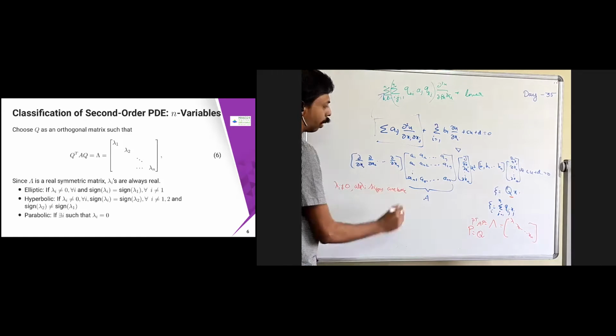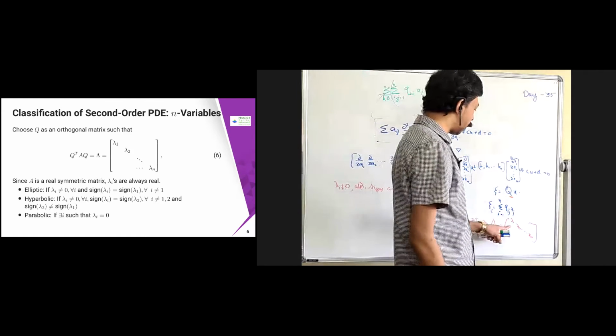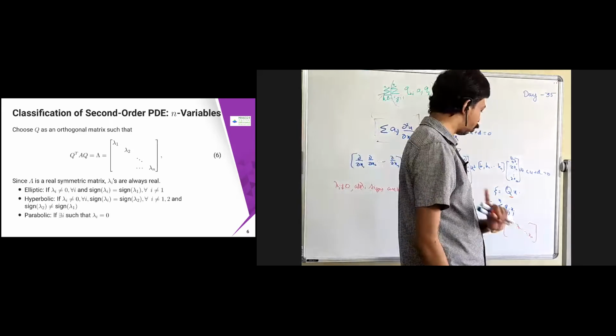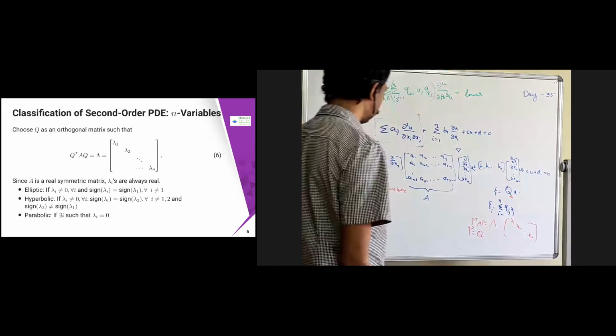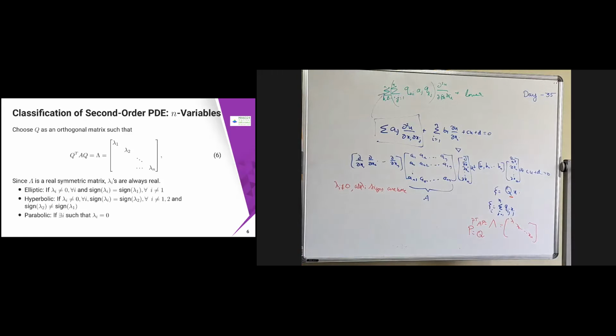For example, if lambda 1 is positive, then lambda 2, up to lambda n should all be positive. If lambda 1 is negative, then lambda 2, up to lambda n should all be negative. If they have the same sign, then we call it elliptic.